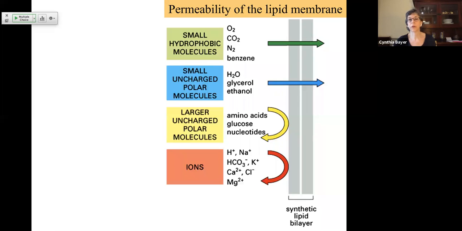But a polar molecule that is larger, like an amino acid or a sugar subunit like glucose, is too big to dissolve in that lipid bilayer and can't pass across. And ions, because of their charge, cannot cross a lipid bilayer.